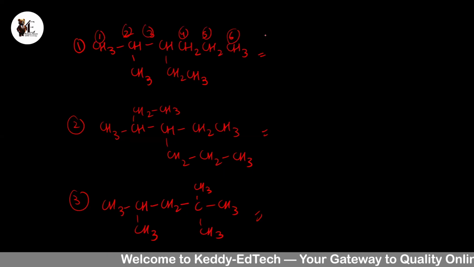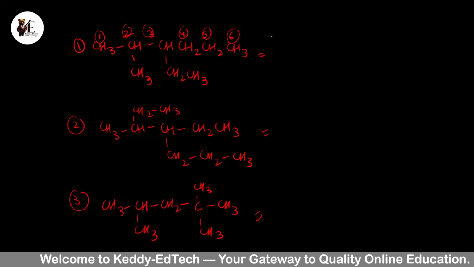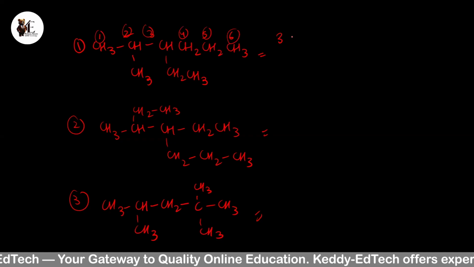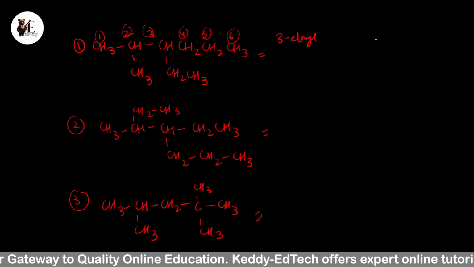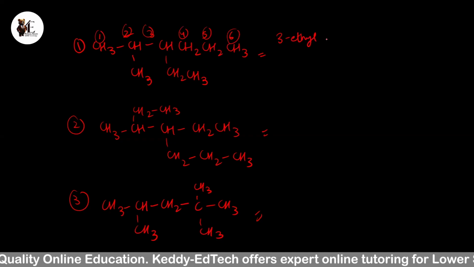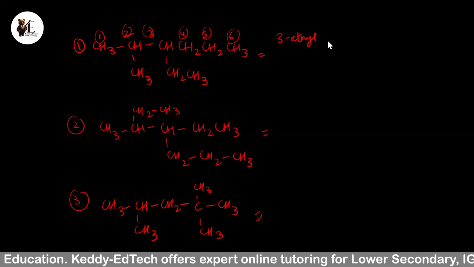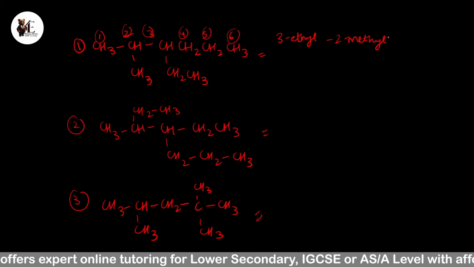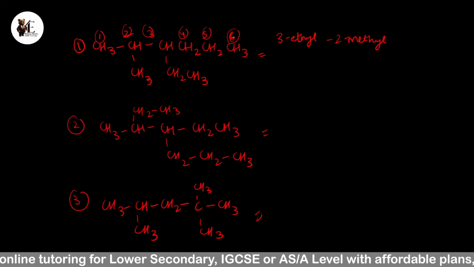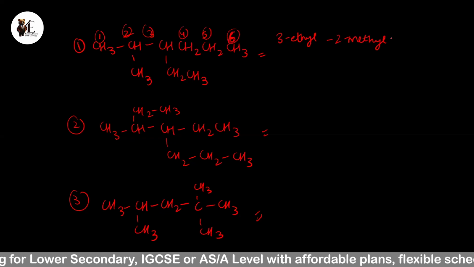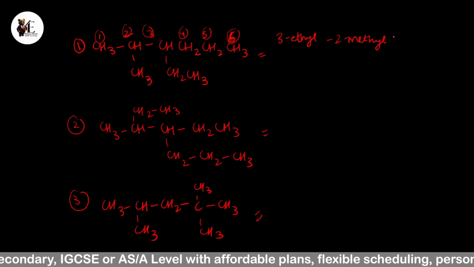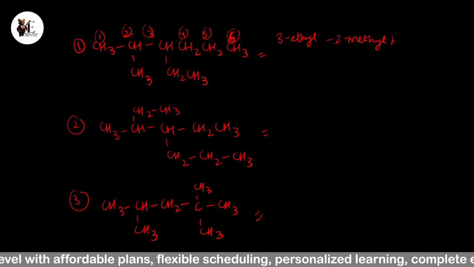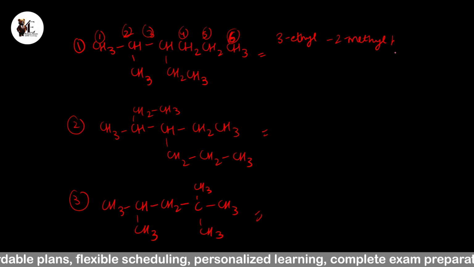Then will 2-methyl come first or 3-ethyl come first? 3-ethyl. Yes. Then say the entire name: 3-ethyl, then 2-methyl, then there are 6 carbon atoms. Is it heptane or hexane? Hexane. 3-ethyl, 2-methyl hexane. Okay. Very good.